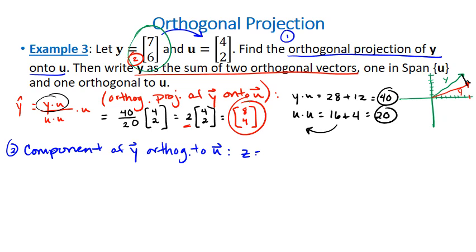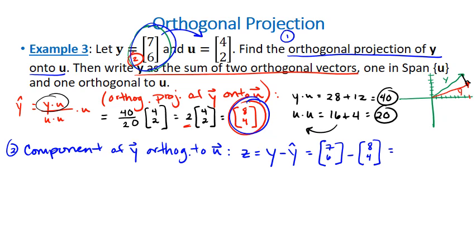So this is z, and that is found by taking y minus y hat. So y is given to us. Y hat we just found. And this is equal to -1, 2.